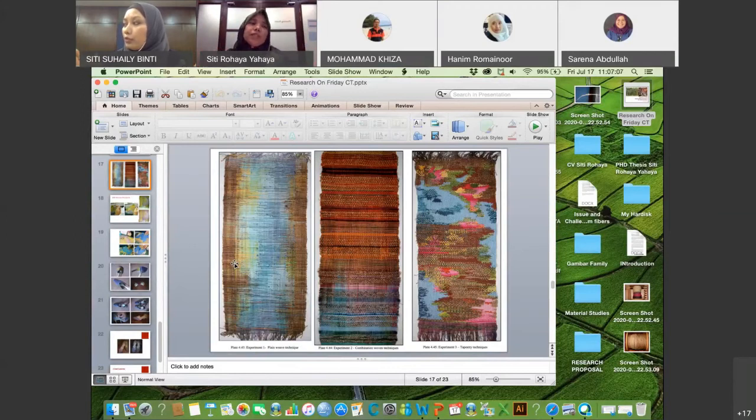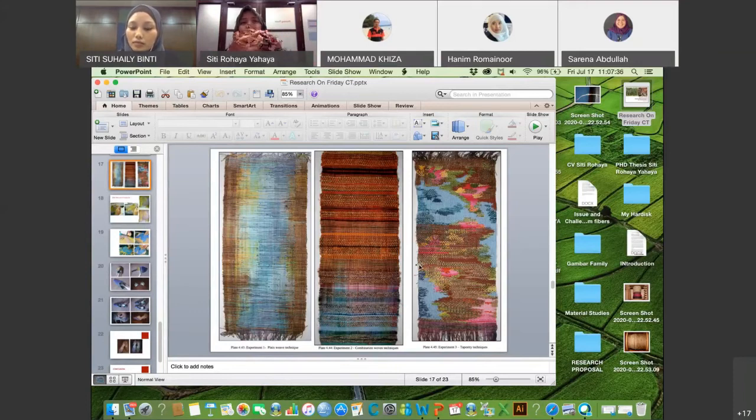Why do you put synthetic in the warp? Is it because of the effect on strength? We cannot, as I said just now, use EFB yarn as a warp, because sometimes during the weaving process the yarn will break. Maybe because of the twisting technique, we have S and Z twist.